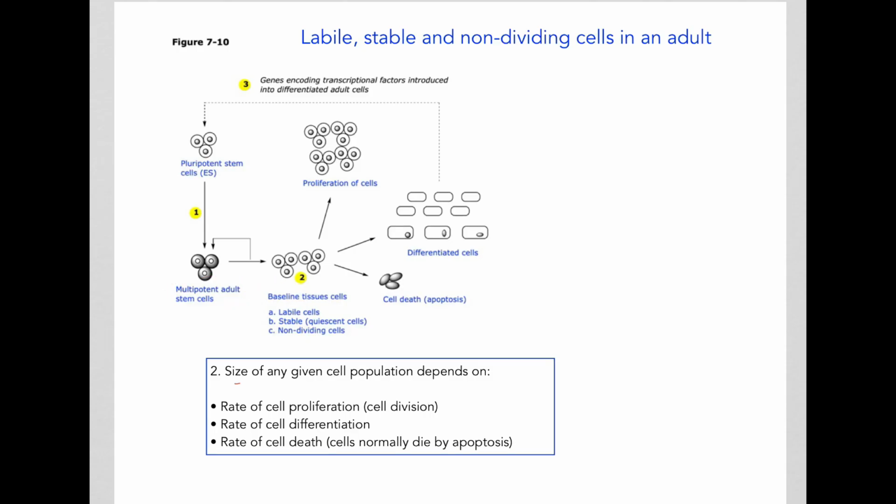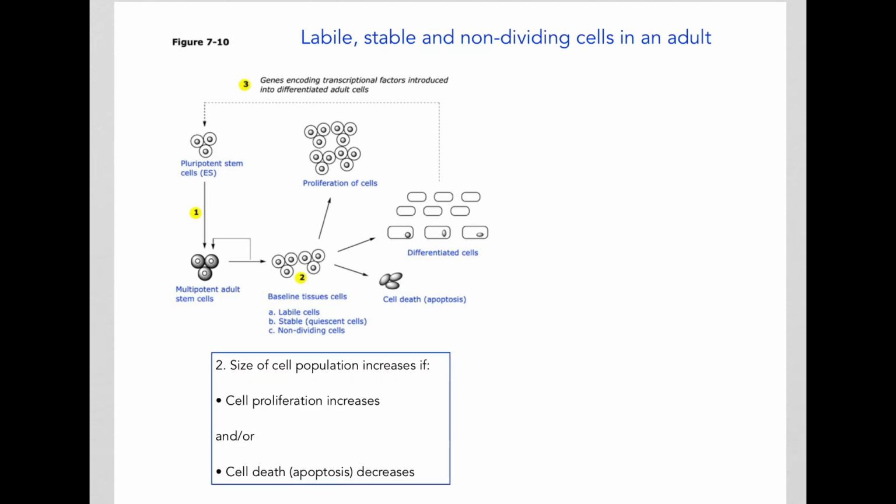Now, the size of any given cell population in our tissue or organ really depends on the rate of cell division, as well as the rate of cell differentiation and the rate of cell death. Now, normally cell death happens by what we call programmed cell death or apoptosis. So depending on these three factors, that will determine the size of any given cell population in our body.